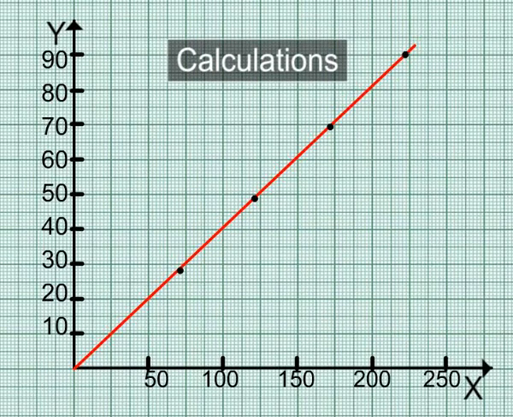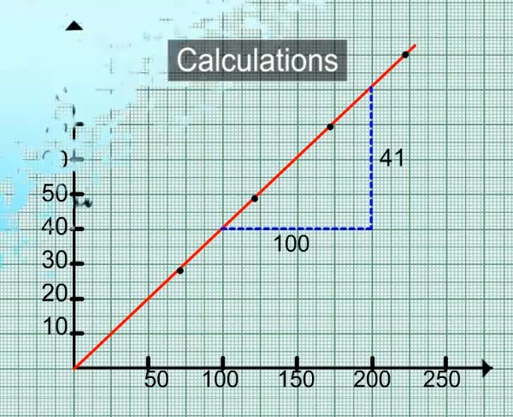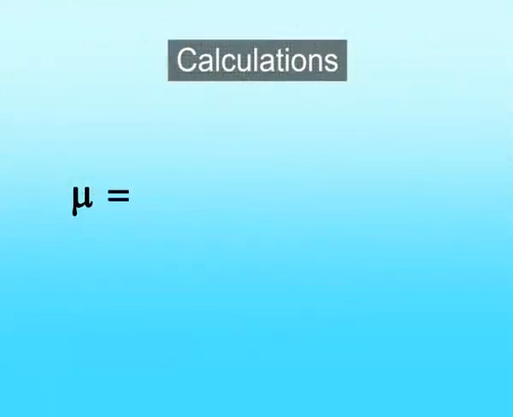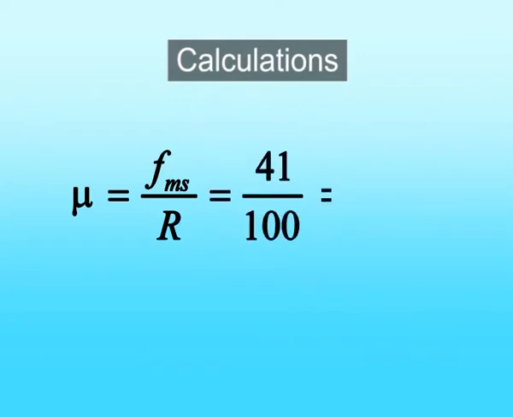The coefficient of friction can now be calculated by finding the slope of the straight line formed in the graph. In the example set here, mu is equal to F_max upon R, equal to 41 upon 100, that is equal to 0.41.